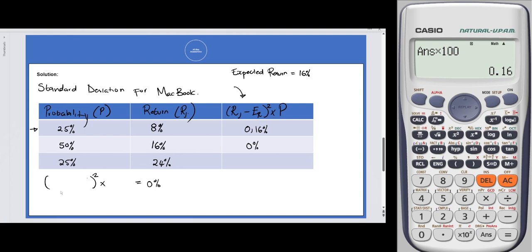So the return is 24%, minus the expected return, 16%, times the probability, which is 25%. And this gives us 0.16% again.